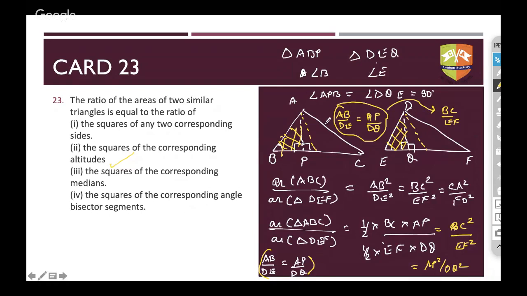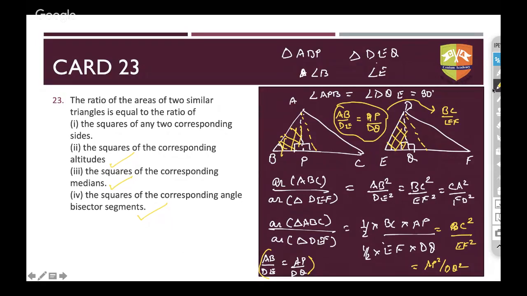So this is also done. We also saw this in the previous slide: angle bisectors are also proportional for two similar triangles. Okay, clear. So this is card number 23.